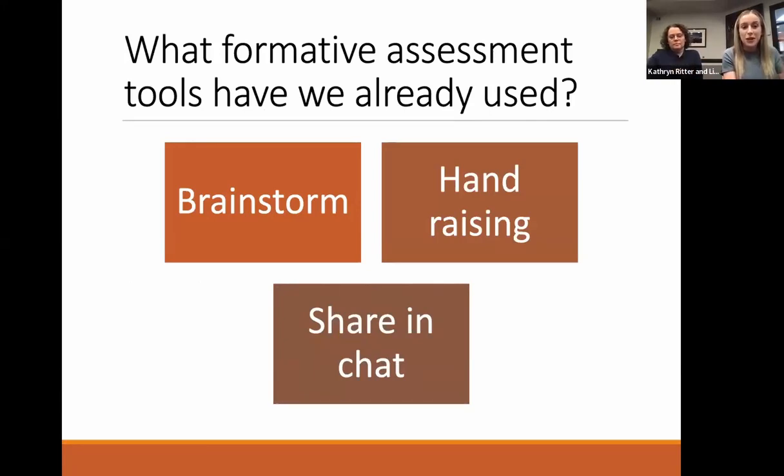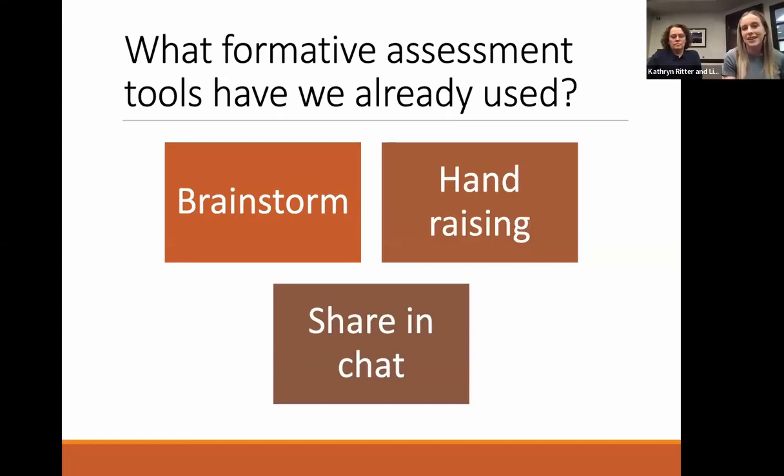So we did do some brainstorming earlier when we were thinking about what some of the differences were with formative versus summative assessment. Hand raising can be asking your audience to raise their hand about topics that they would like to learn more about or topics that they're unsure about. Or it can be something like the 1, 2, 3, 4, 5 that we used earlier.